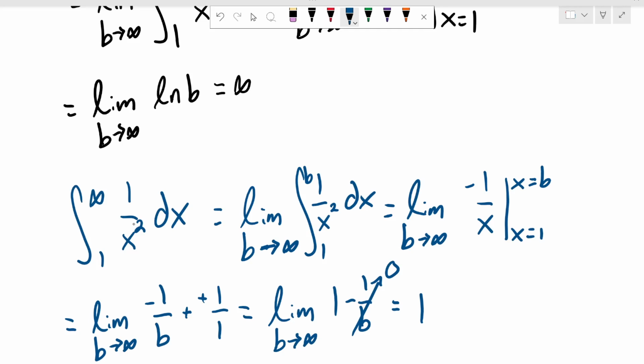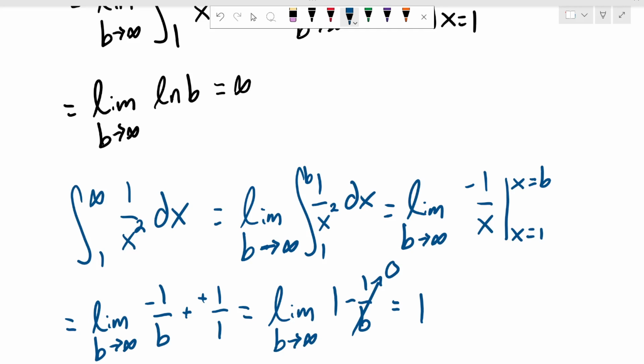that 1 over x squared gets smaller quicker, right? If you just think about the integers, if you look at the sequence of the terms, you have 1, then 1/4, then 1/9, then 1/16, then 1/25, right? Whereas with 1 over x, you have the numbers 1, 1/2, 1/3, 1/4, right?